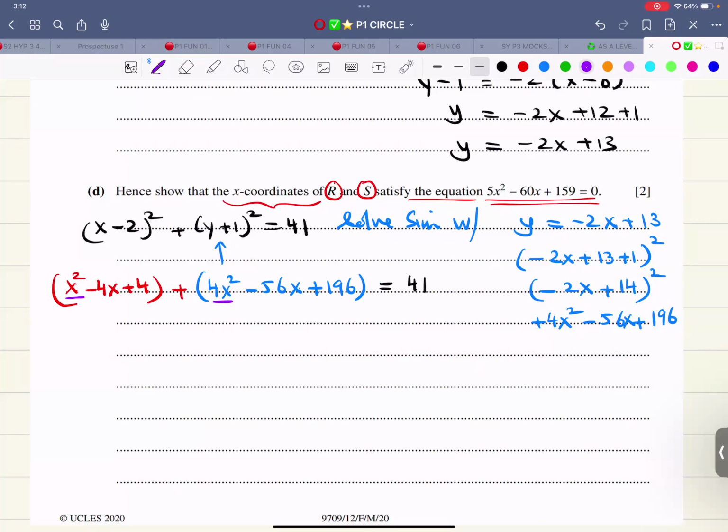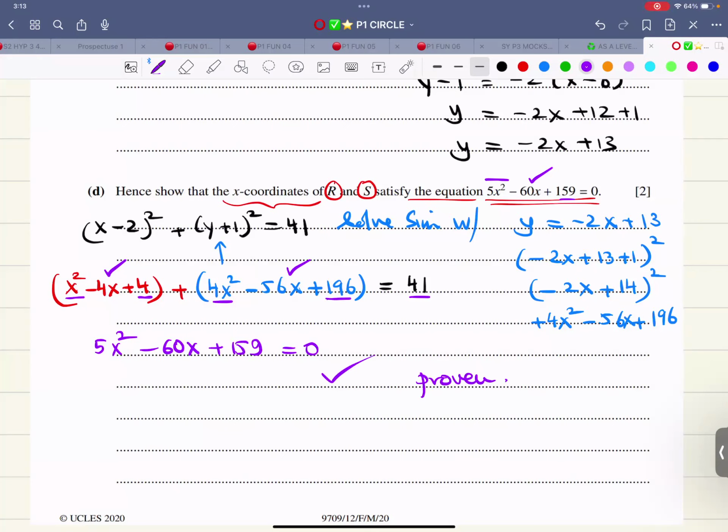This is 4x square, which is 5x square. This is -4x. This is -56x, which is -60x. So the only thing is this 4 plus 196, that's 200, 200 minus 41, which comes out to be 159. All good, all clear. 5x square minus 60x plus 159 equals to 0. I have proven this fact.